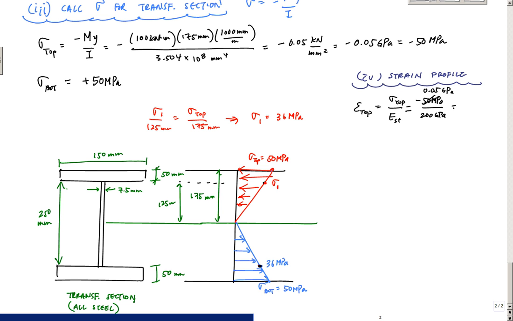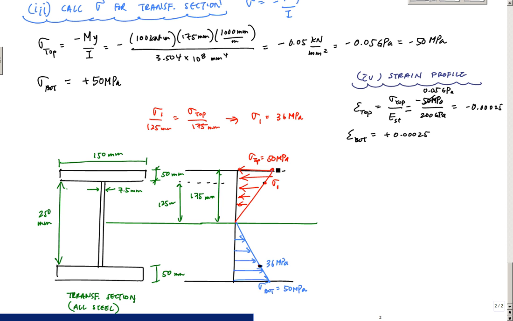This whole thing becomes negative 0.00025 strain. The negative just indicates I have a compressive strain, and just by symmetry, I know that the strain at the bottom is a positive 0.00025 strain, or millimeter per millimeter, whatever units you want to use.